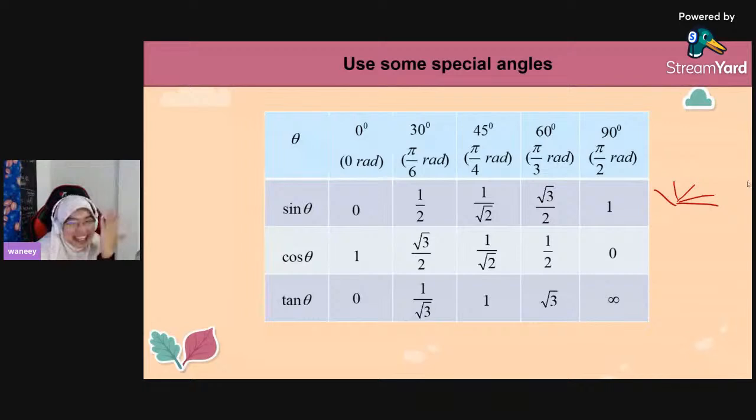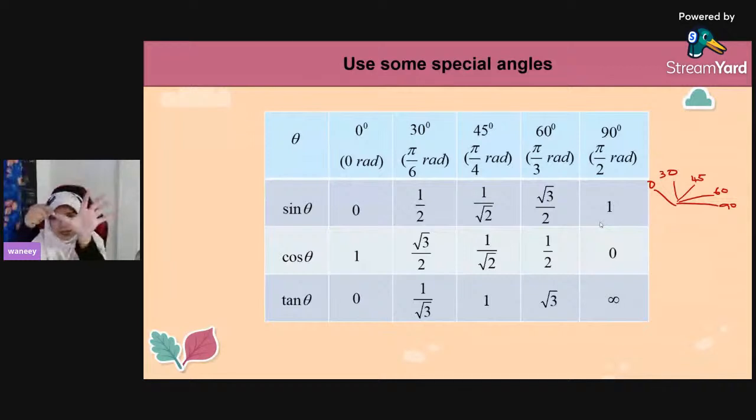Okay. So your fingers, okay. So normally for me, since I'm a right-handed person, those are what I will write on my left. Okay. So now, on your thumb, yang kat sini 0, and then 30, 45, 60, 90. So simply write them over here.